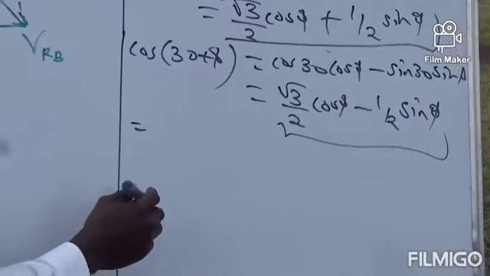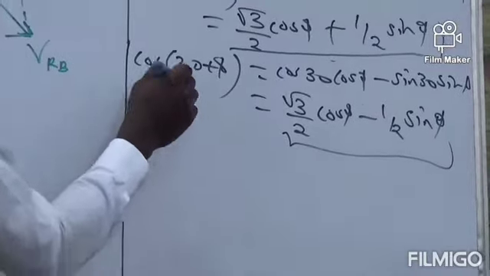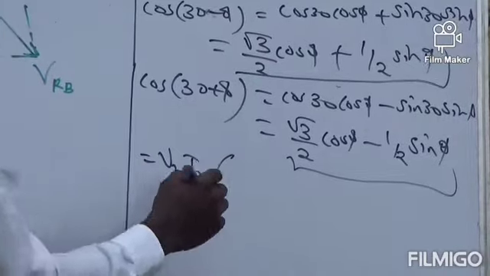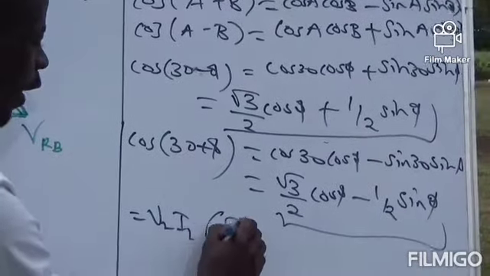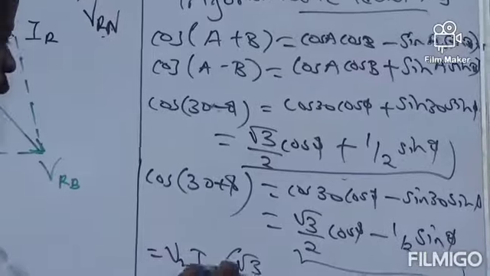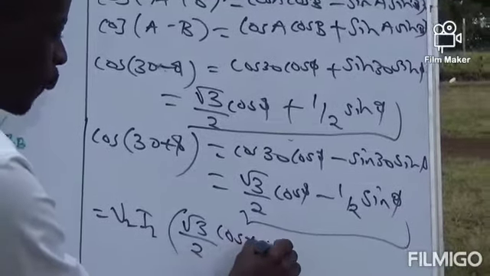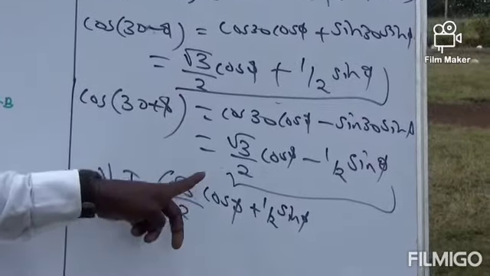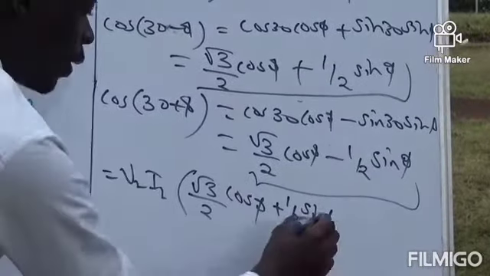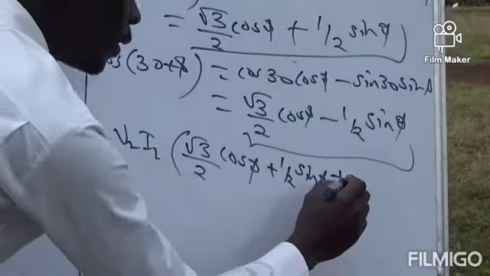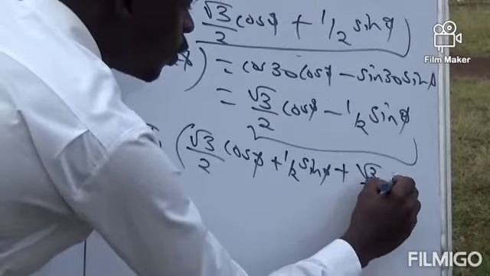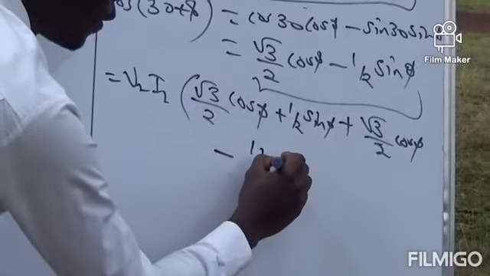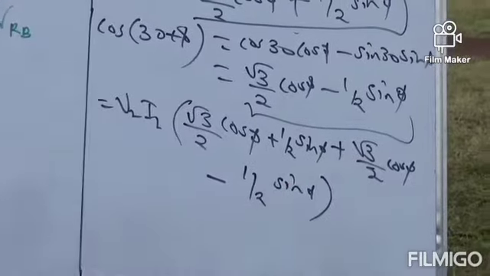So in other words, we are going to have VL IL into root 3 over 2 cos phi plus a half sin phi, plus this other expression, plus root 3 over 2 cos phi, then minus a half sin phi.